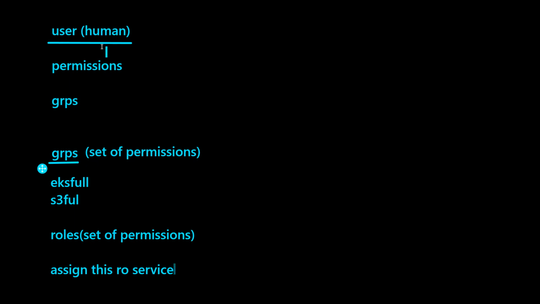This is assigned to human users. A user will have some permissions, but you cannot give permissions to a service, so you add a role to the service. So what did we do here? We created demo user. We gave some permissions like EC2 directly. But he doesn't have EKS.